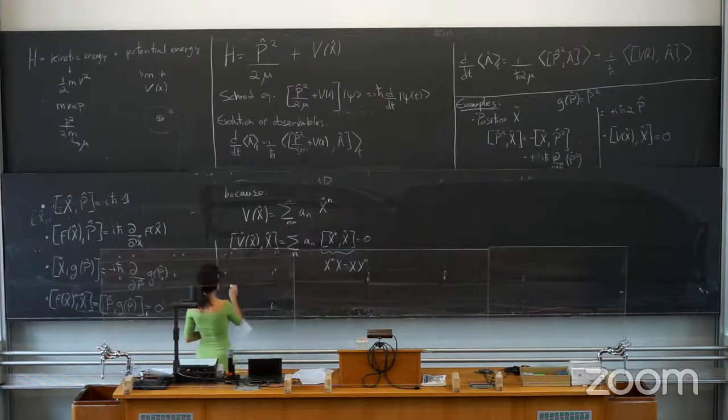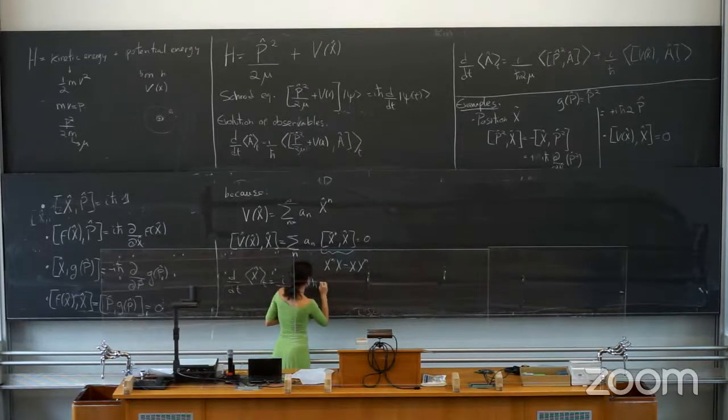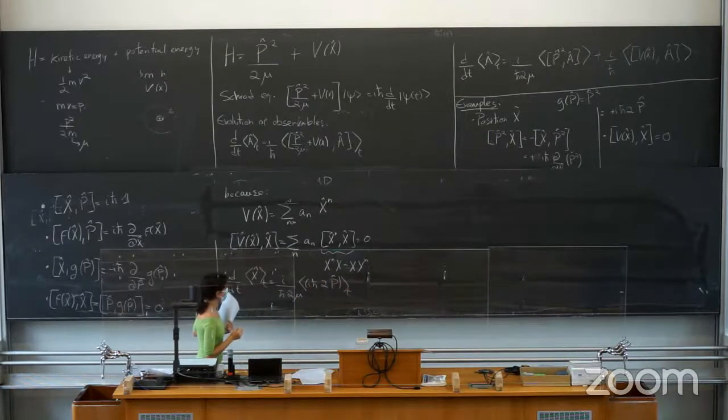So we have d/dt of the average of x over time, equals i over ħ times... and now this commutator that we saw was... no, this doesn't work. There's definitely a minus sign missing somewhere.